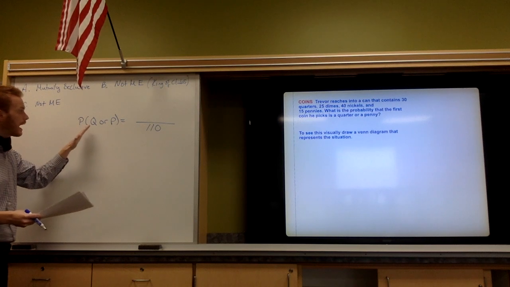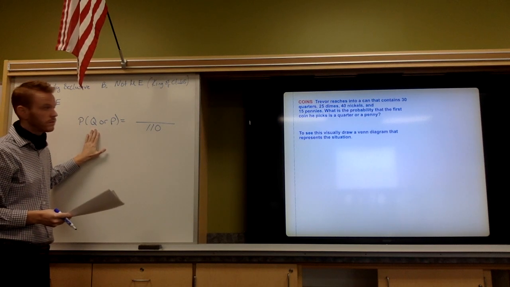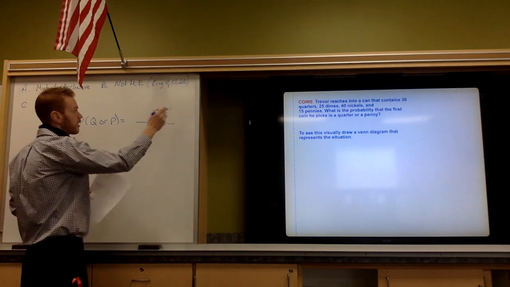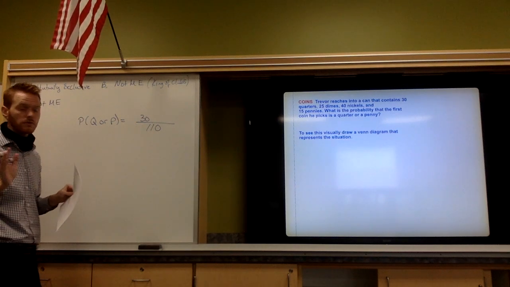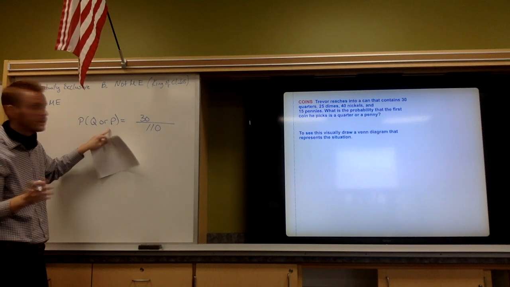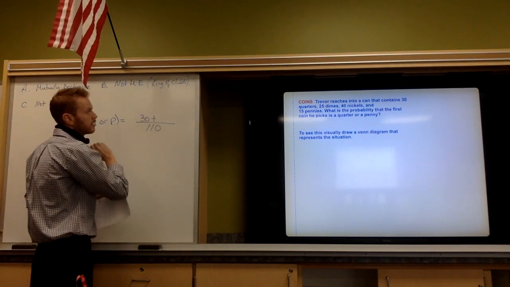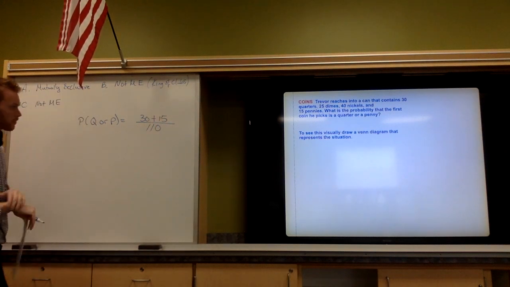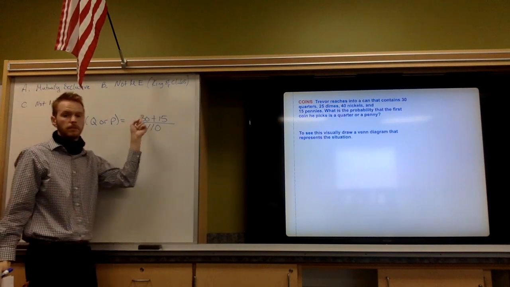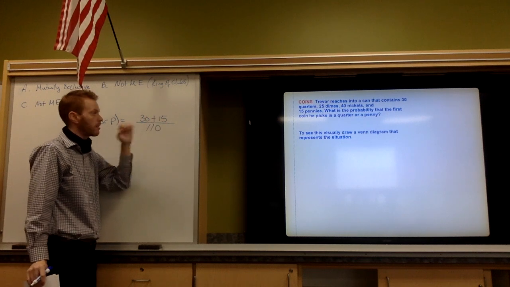Now, how many of them are quarters? If you take a look, 30 of them are. But do we just want quarters? No, we want pennies as well. So we're going to add the 15 pennies. Usually we only have one number up here when we calculate a straightforward probability.